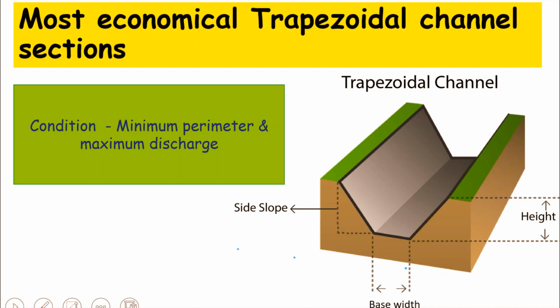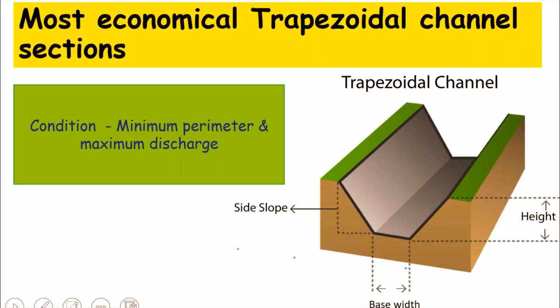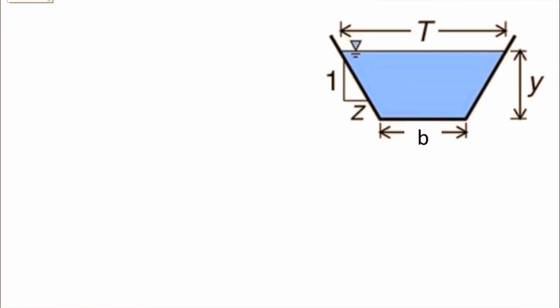So let us see how we can find out the conditions for trapezoidal channel section to be most economical. Here is a pictorial representation of cross section of a trapezoidal channel. We have base width as b and depth as y and top width as t.